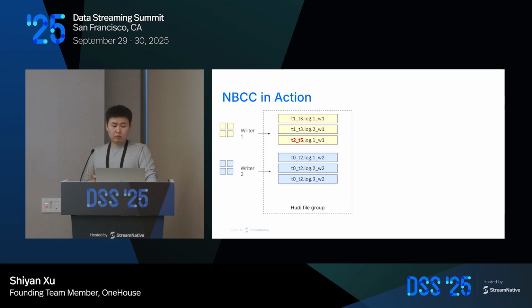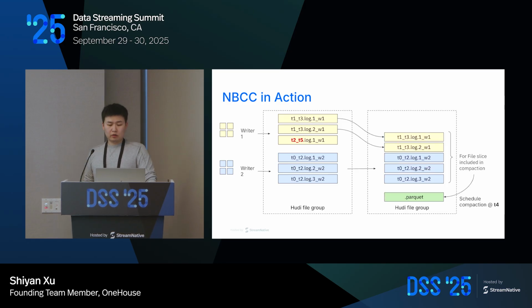So that log file will be considered to be grouped as another file slice. This separation and serialization using completion timestamp ensures the transaction integrity and is the building block for implementing NBCC. And therefore, you are able to achieve 0 retries for your streaming pipeline.